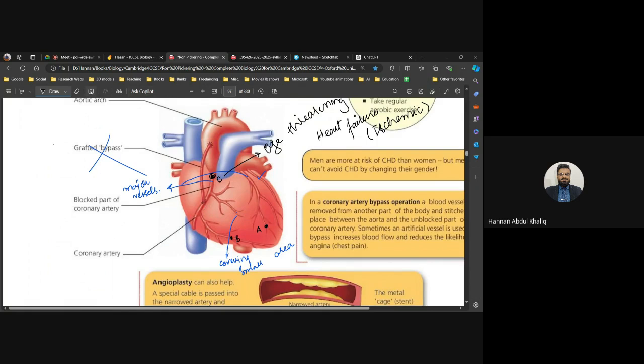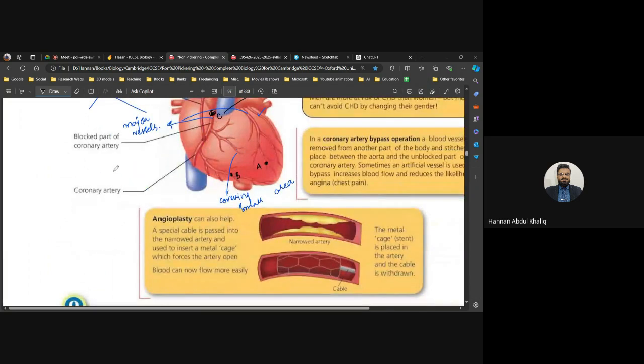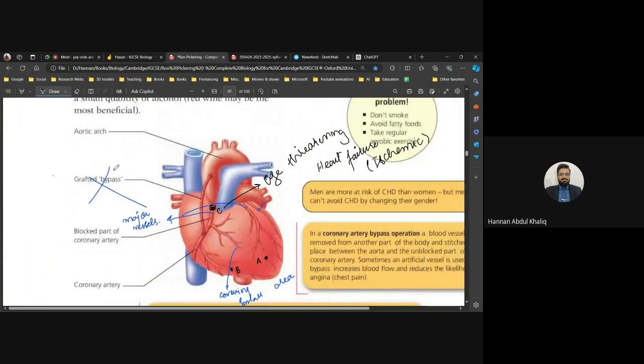So we can do two things. One is bypass surgery. Don't let the blood enter into the clotted artery.